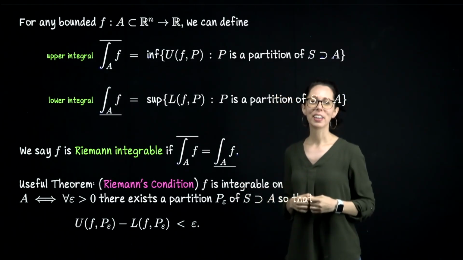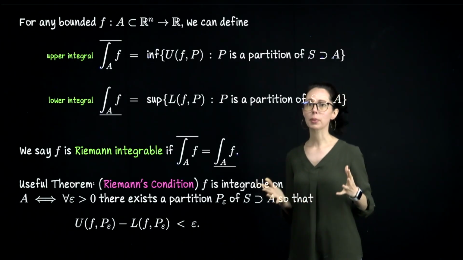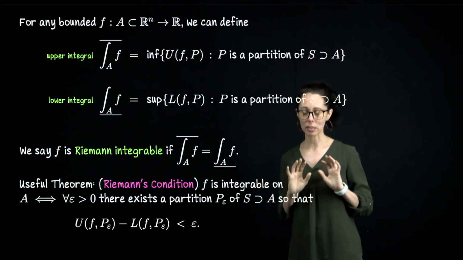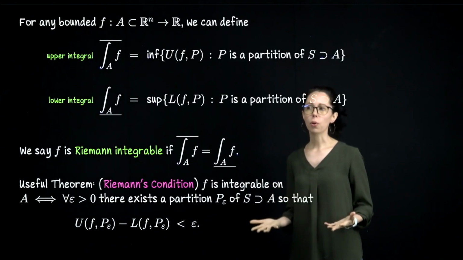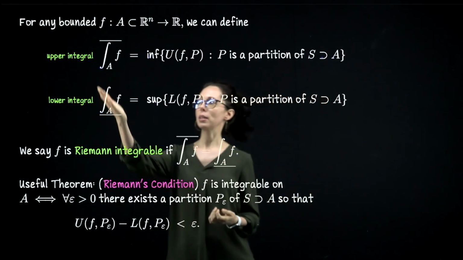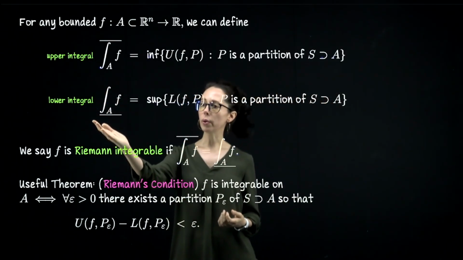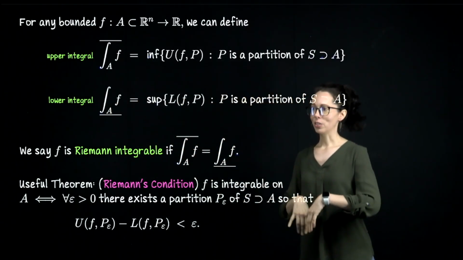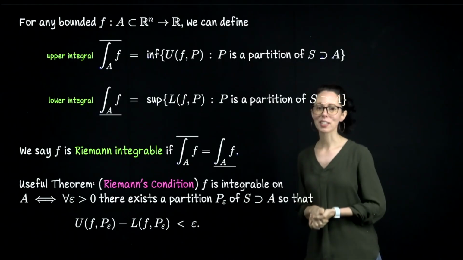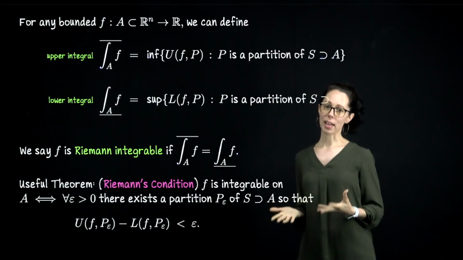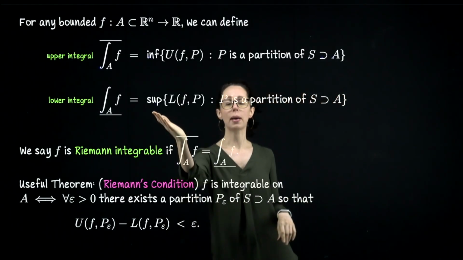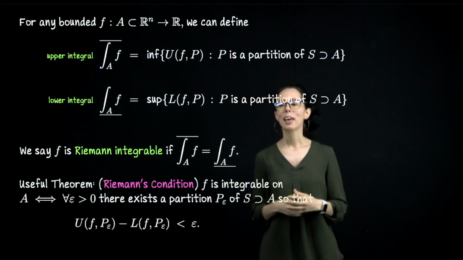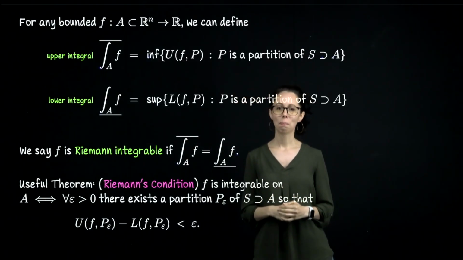Just like before, you can prove that the set of upper sums is bounded below. It's basically the exact same proof. Therefore, it has an infimum, and that infimum is what we call the upper integral. Likewise, the lower integral: consider all possible lower sums of F, generated by all possible partitions, uncountably many partitions. That set, just like before, almost the exact same proof, is bounded above, so it has a supremum. That is what we call the lower integral.